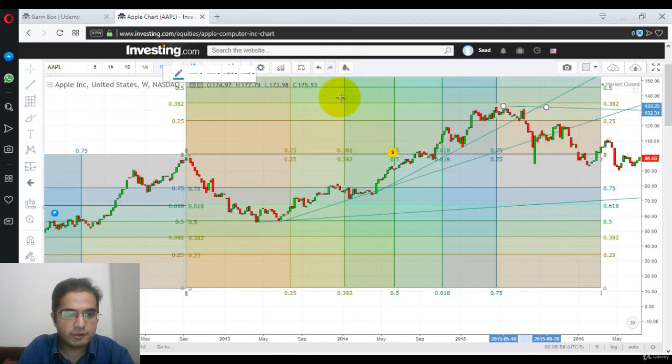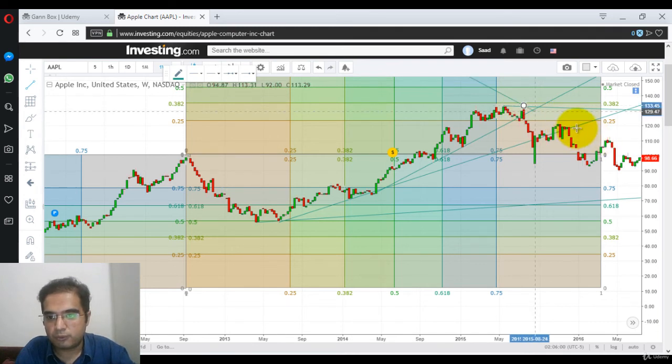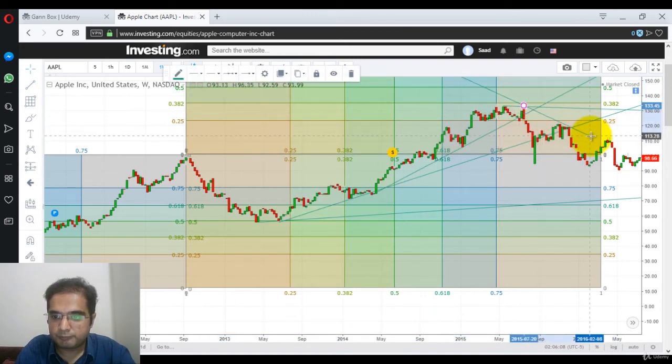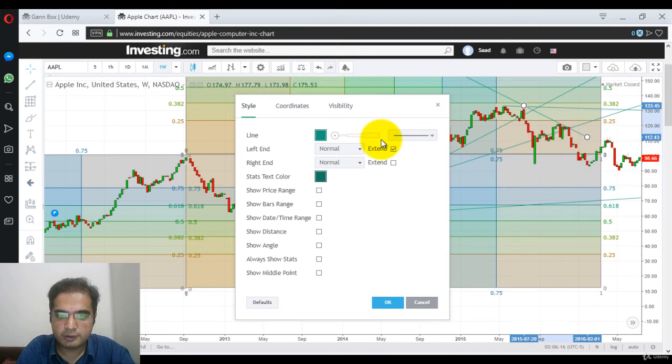If I make another trend line from this high, oh no. So I've attached this high and this high. Again, I will be going to format.